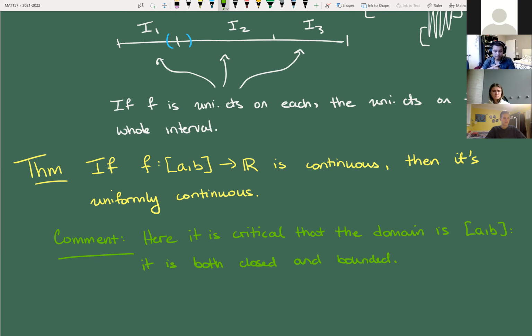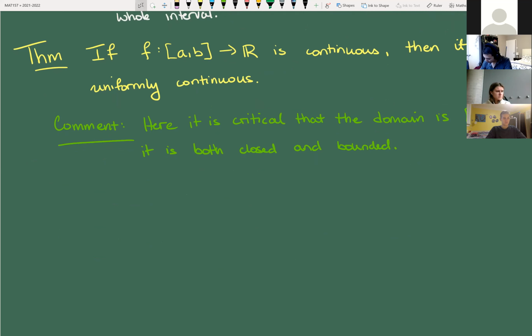The open interval AB is bounded, but it's not closed. Yeah, exactly. And Mary says that, right? Okay, so it has to be bounded and it has to be closed, right? Closed is necessary. I hope I spelled that right.